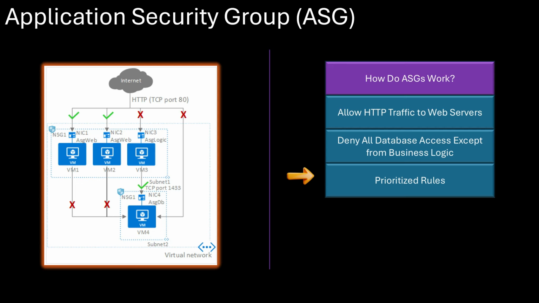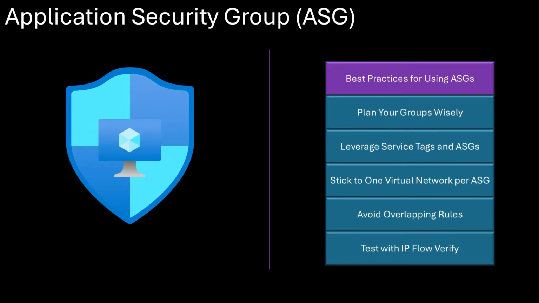Because rules have priorities, lower numbers mean higher priority. So rules like allow database business logic with priority 110 are processed before broader ones like deny database all with priority 120.